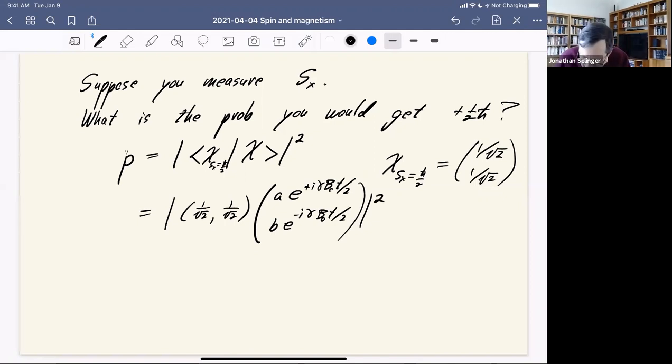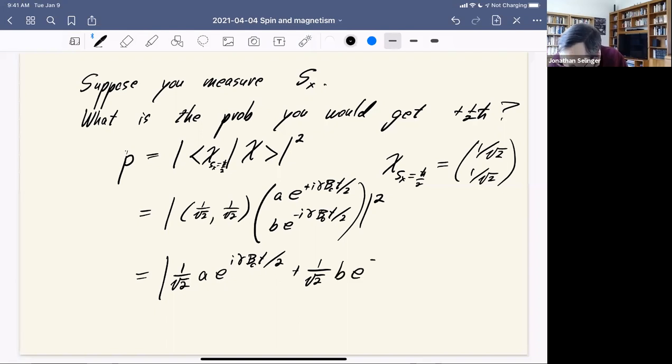Okay. So that is, if I multiply out the row vector times the column vector, 1 over root 2 a e to the I gamma B naught t over 2 plus 1 over root 2 b e to the minus I gamma B naught t over 2, magnitude squared.